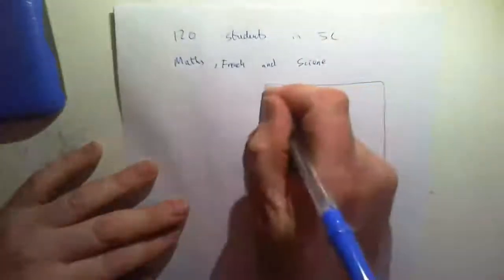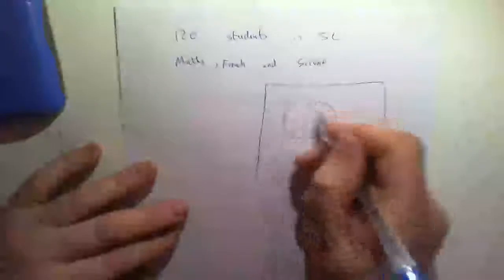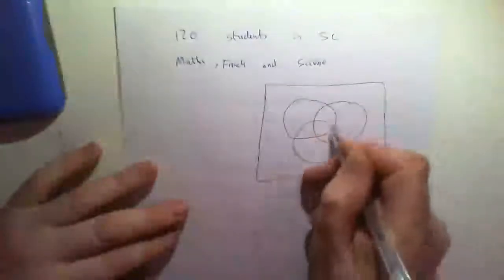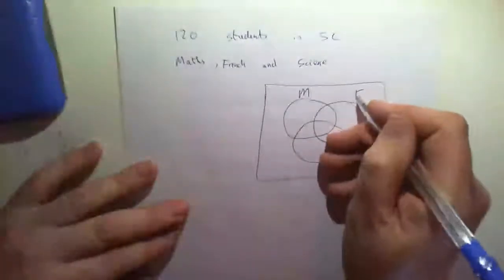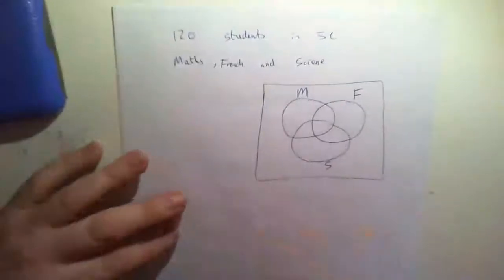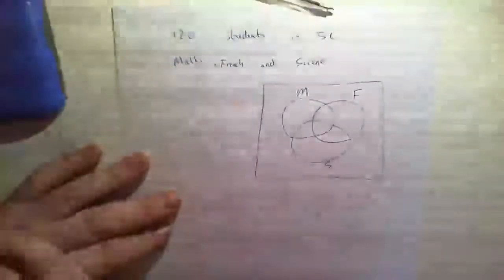So we're going to create a nice little diagram for maths, French, and science. Now, we're going to put in some information, and then we're going to try and populate our universal set from this information. To make this easier, we're just going to use cardinal numbers, hashtags. So hashtag maths should be 80 people.